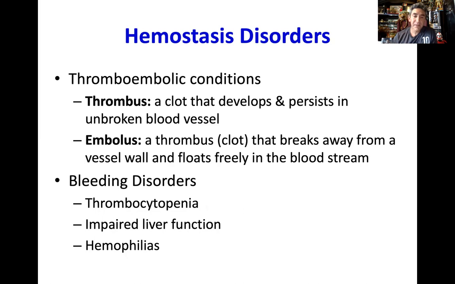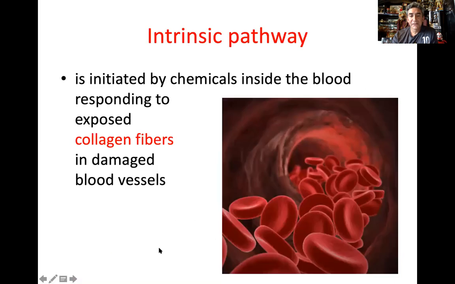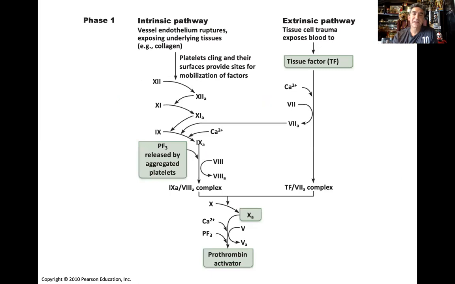Right? We mentioned if there's potential damage to the liver, that can affect our overall number of clotting factors. If there's genetic conditions, right? Hemophilia, let me come back here. Hemophilia is a genetic condition where a child doesn't produce factor VIII. So it makes it very inefficient to go from here down this pathway to prothrombin activator there.